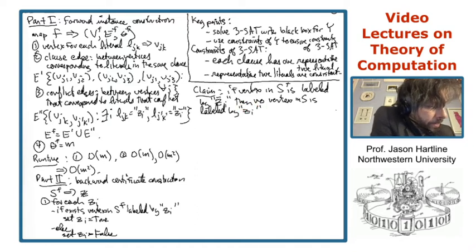Okay, so if a vertex in S corresponds to a literal that's labeled by zi bar, then no vertex in S corresponds to literals labeled by zi.